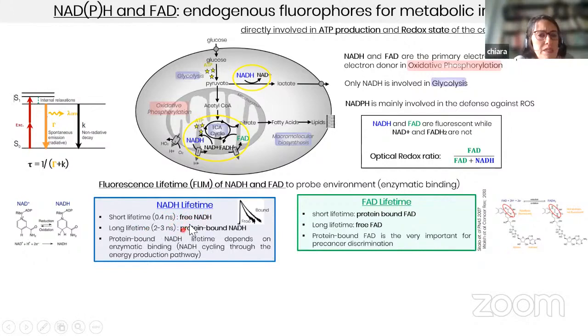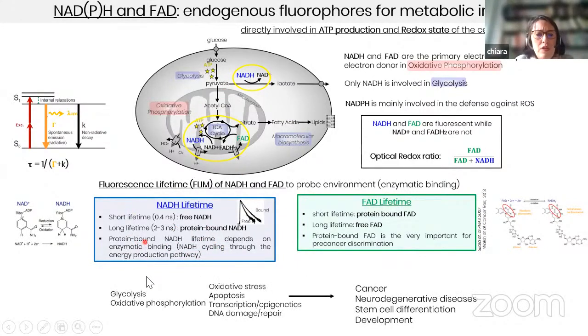Especially, the lifetime depends on the type of enzyme that is bound through the cycling in the TCA cycle. So NADH has been used a lot, especially for quantifying glycolysis and oxidative phosphorylation.